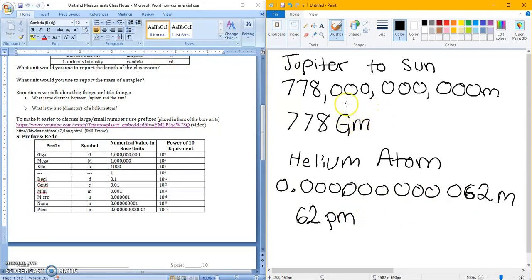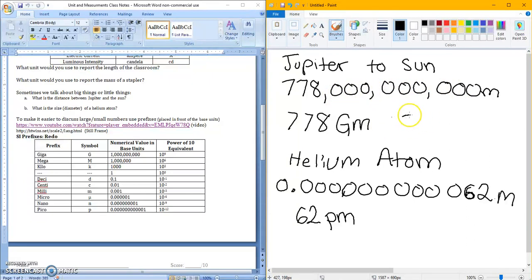Now there is another way to write large and small numbers without using prefixes, which is totally fine. It's very valid. It's called scientific notation. If I write a 10 with a little superscript, it tells me how many zeros there are supposed to be. So I can do 1, 2, 3, 4, 5, 6, 7, 8, 9.